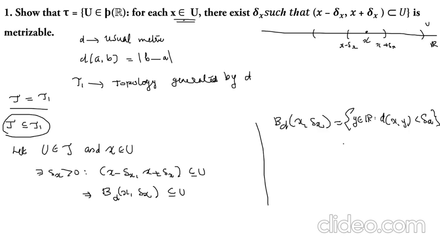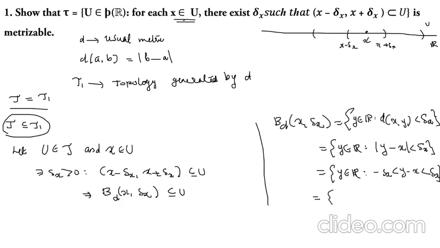This is the definition of an open ball or open sphere. Here d is given by the absolute value of b minus a, so this is the set of all y belonging to R such that the absolute value of y minus x is less than delta_x, or minus delta_x less than y minus x less than delta_x.